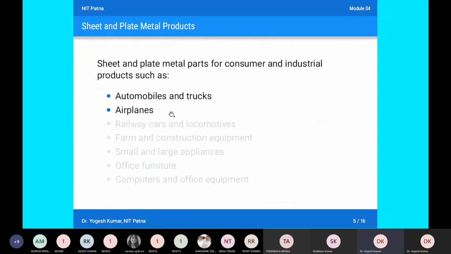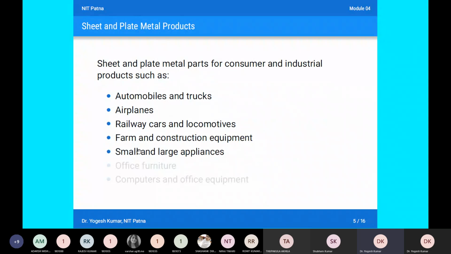You can find them in aeroplanes, in railway cars and locomotives. There are other areas, farming and construction, small and large appliances. Even your mobile has so many sheet metal components.